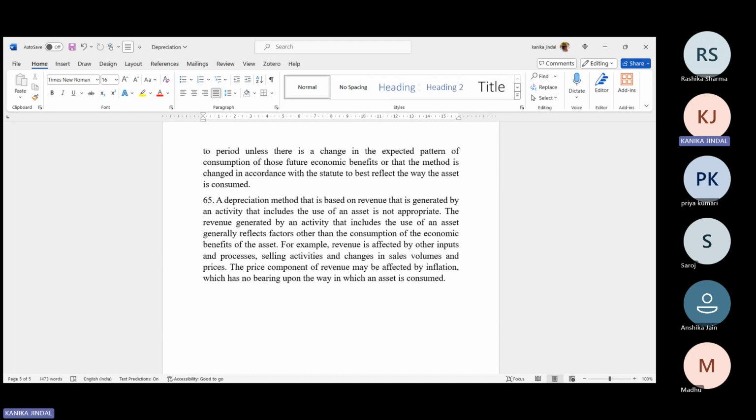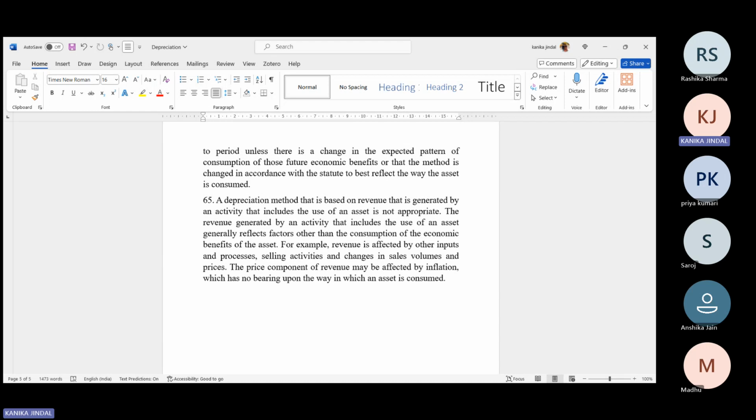So here, a depreciation method based on revenue generated by the activity that includes use of an asset is not appropriate, because such revenue generally reflects factors other than the consumption of the economic benefits of the asset.